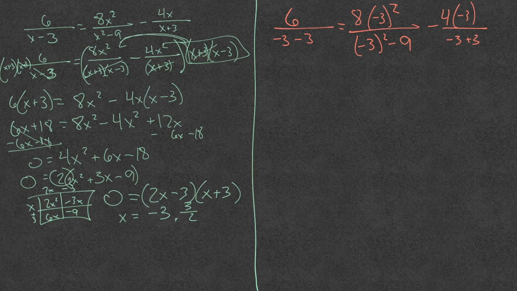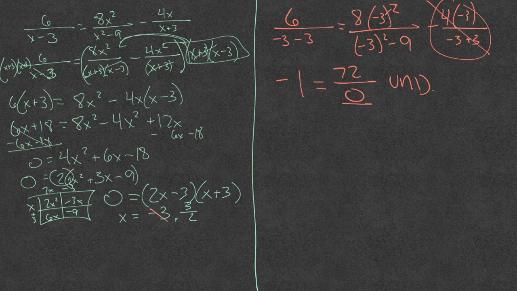So 6 over negative 3 minus negative 3, that's negative 1. 9 times 8, that's 72. Negative 3 squared is 9. 9 minus 9 is 0. And there we see our issue. We cannot have 72 divided by 0. So honestly, at this point, that's irrelevant. This is undefined. So our x equals negative 3 is not an answer. That is an extraneous solution.